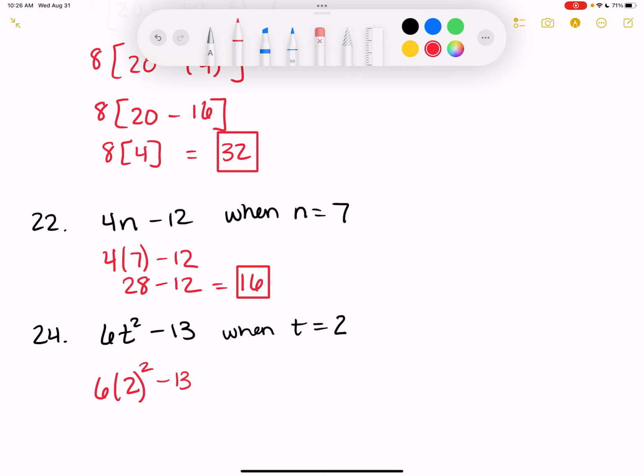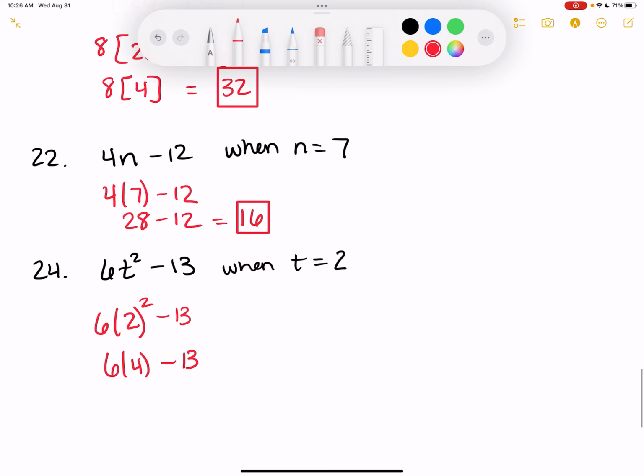The exponent, so I'm going to do the 2 raised to the 2nd power, so that's going to be 6 times 4 minus 13. So then I've got my multiplication, so that's going to be 24 minus 13, which is 11.